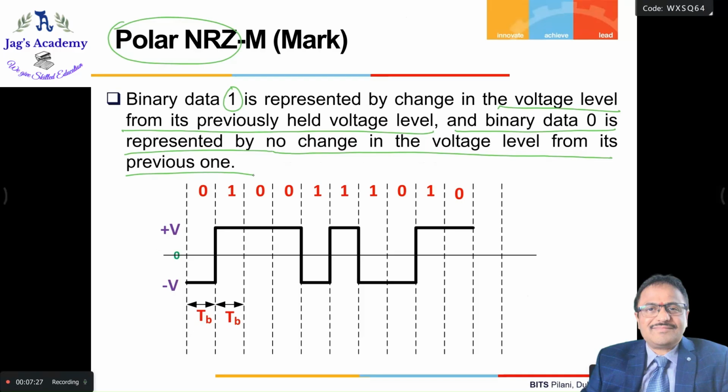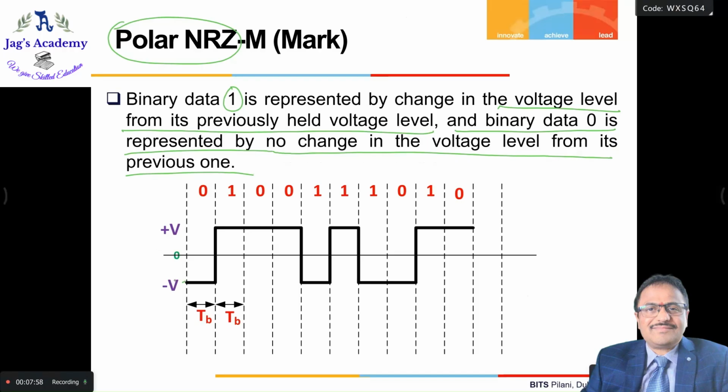Now, let us take an example. Concentrate here. I have a 0. What does 0 mean? There is no change in the voltage level. Since there is no change from the previous one, can you tell me what would be the level before 0?